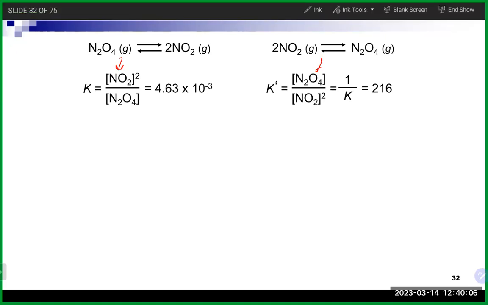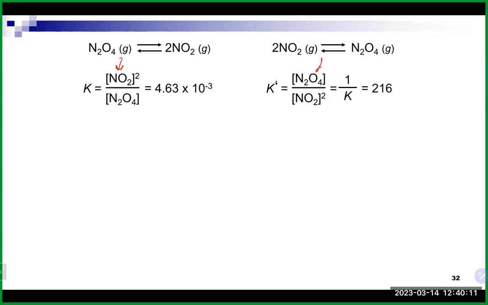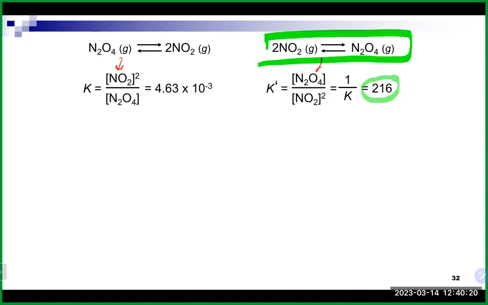When you do see a K value, by the way, it is specific for exactly how that reaction is written. So for example, if I said the K value is 216, it is specific for that reaction written exactly like that, with NO2 being our reactants and N2O4 being our products.